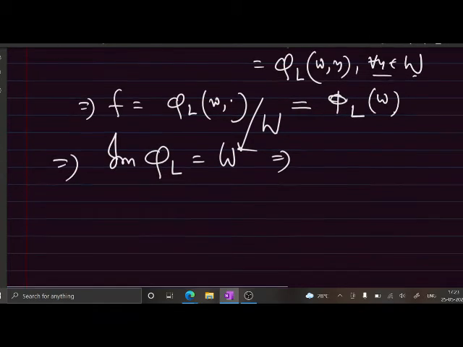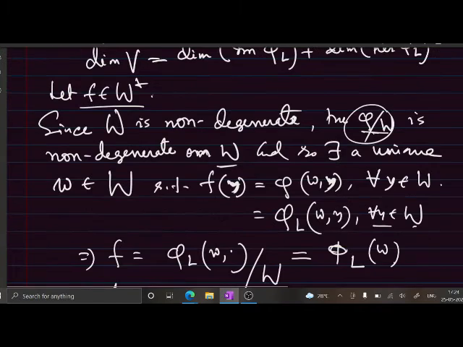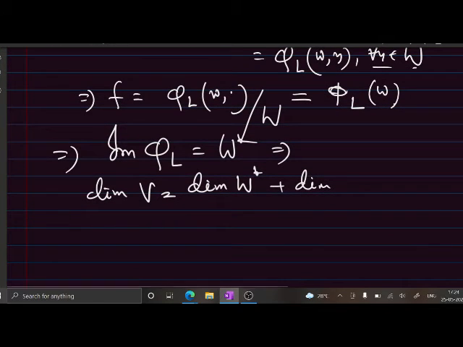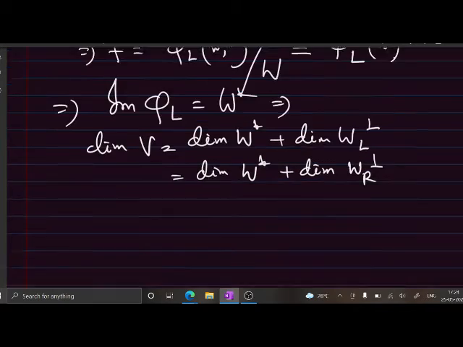This implies the dimension of V equals the dimension of W star plus the kernel, which is actually WL perp, or you can say the dimension of W star plus the dimension of WR perp.